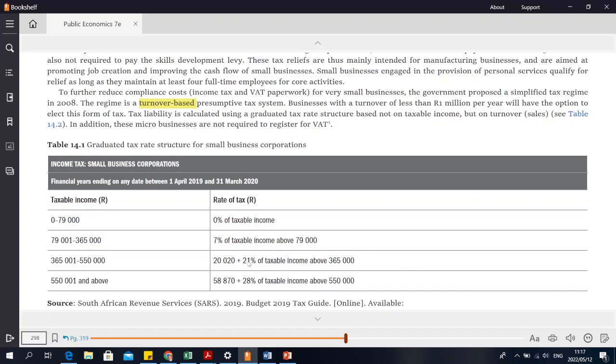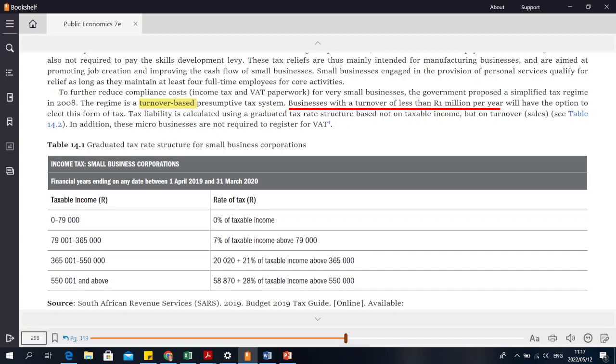So you also need to know what is a turnover-based presumptive tax. I'll talk about presumptive taxes just now. So a cash flow tax versus a turnover-based tax. Businesses with a turnover of less than 1 million rand per year could choose to have the option of this form of a tax.